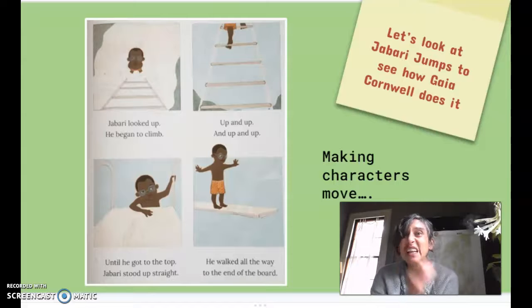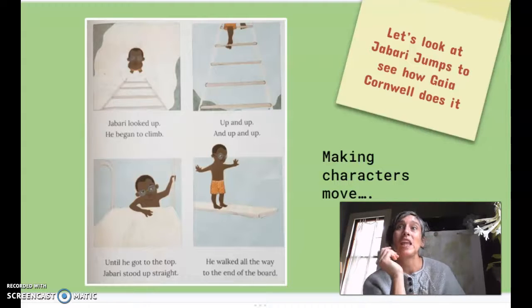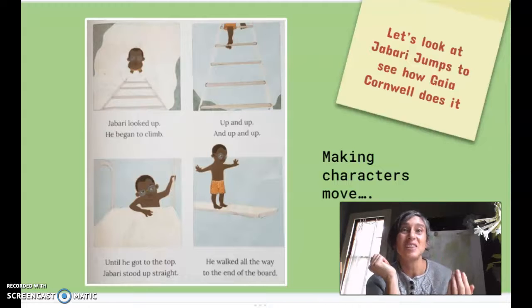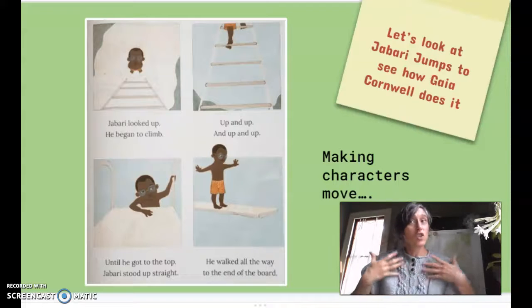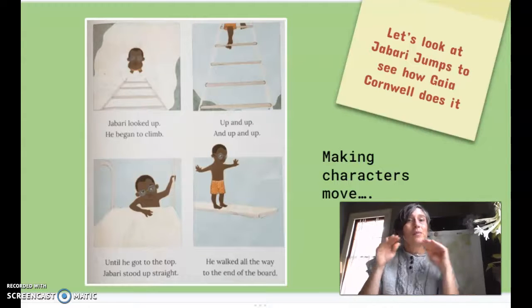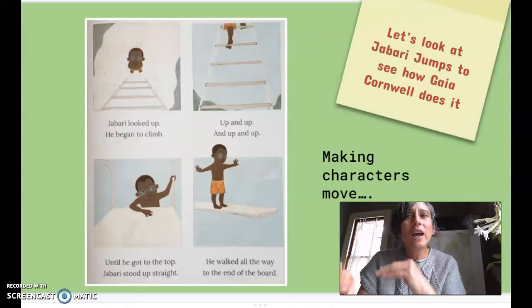Then she added even more details about what his body was doing. He looked up. He began to climb up and up and up and up until he got to the top. Jabari stood straight. He walked all the way to the end of the board. I mean, look at all the details about what Jabari is doing that she's including.